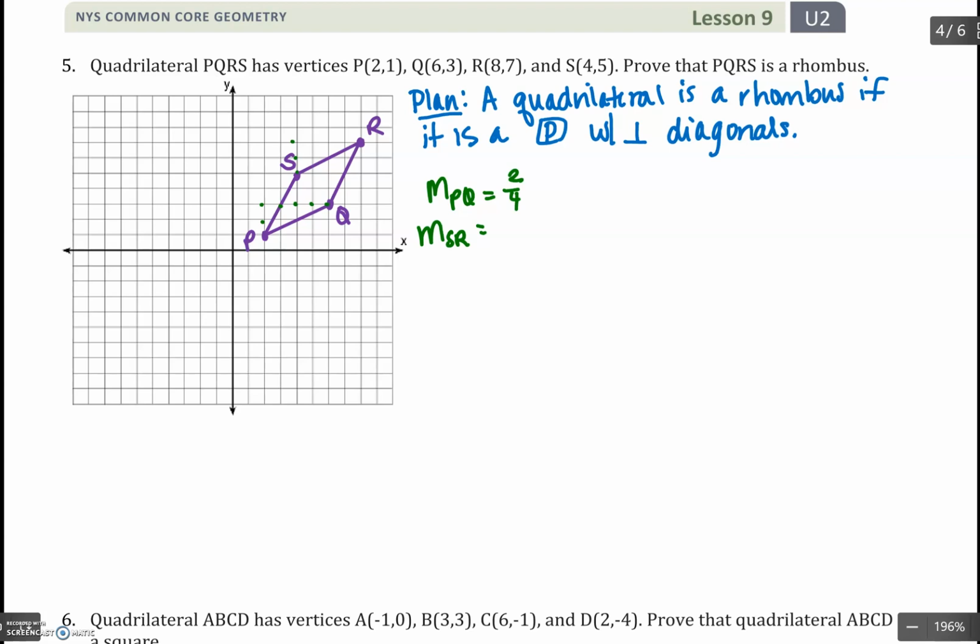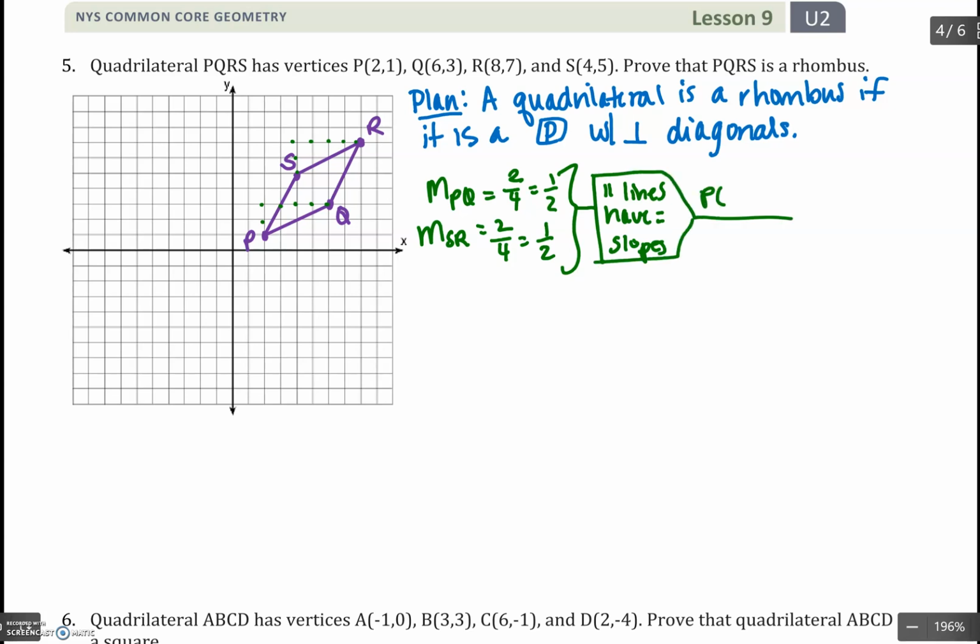And from S to R, it's also up 2 and right 4. Both of those simplify to 1/2, and they're equal. So just like all of the other ones, parallel lines have equal slopes, means that these are actually parallel. And I can write PQ is parallel to SR.